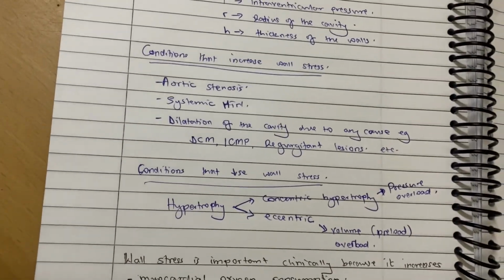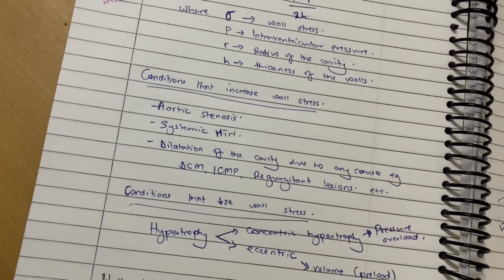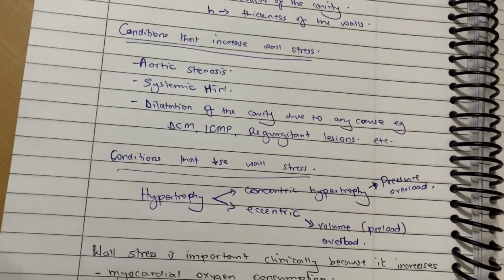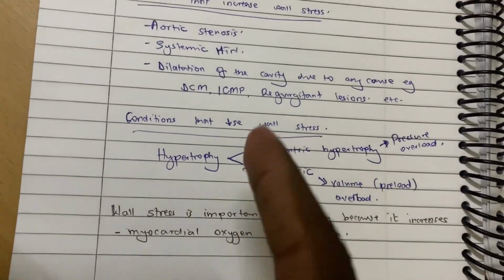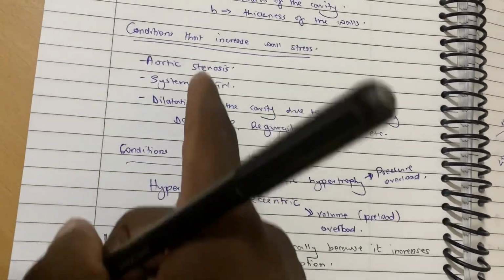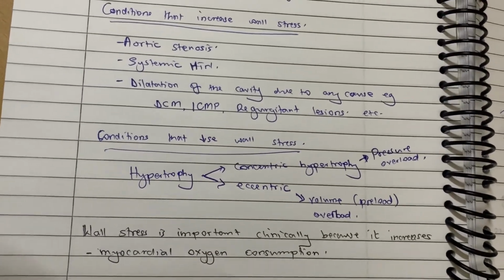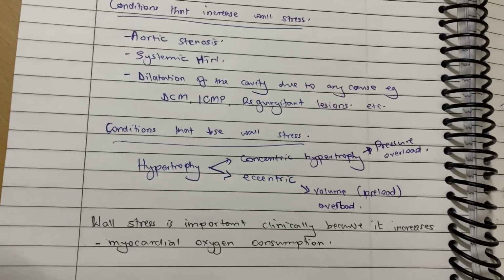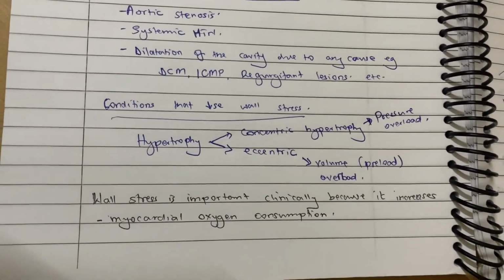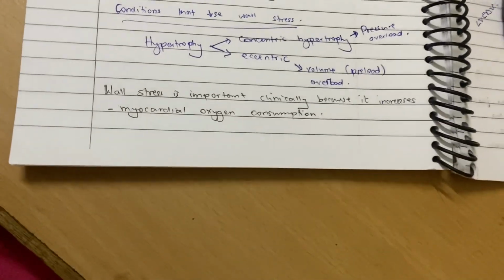So now let's see, because we're on myocardial performance, how is it going to affect oxygen consumption? If oxygen consumption increases and it cannot be met, then the heart will fail. Remember, contraction is an active process.